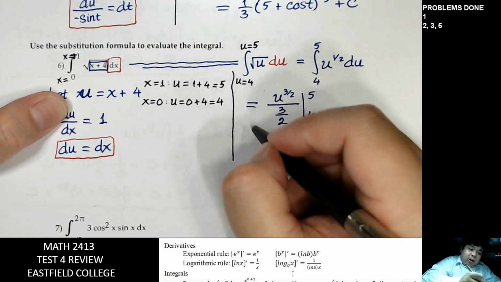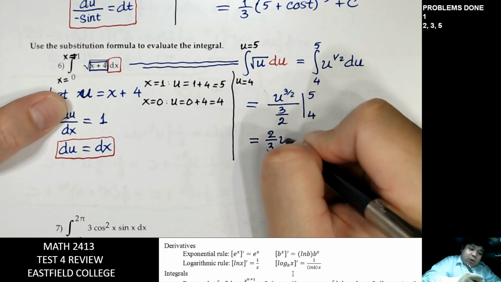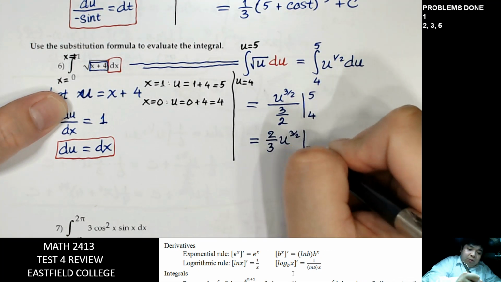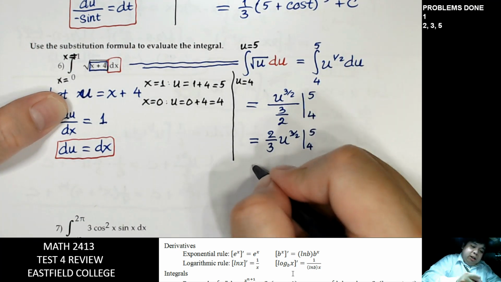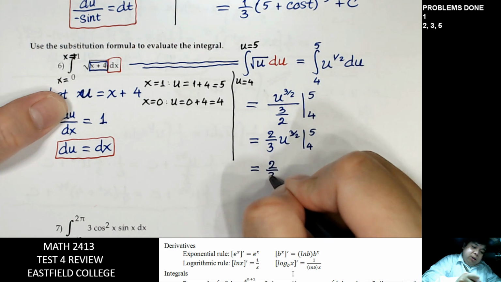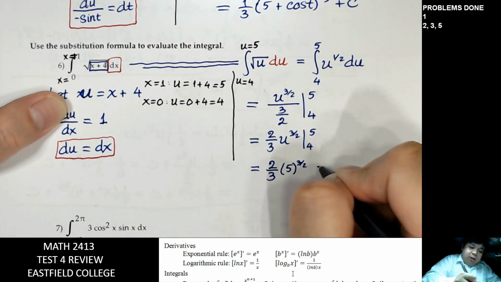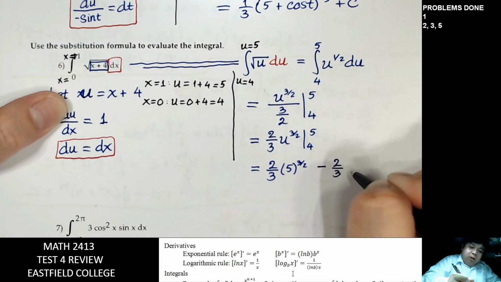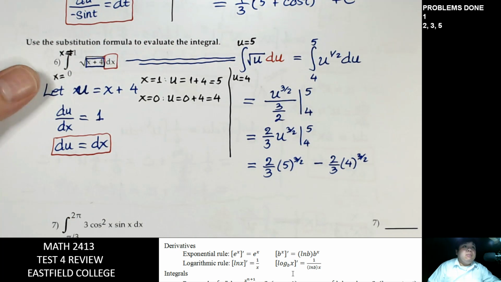So we're just going to rewrite this as 2/3 u to the 3/2 from 4 to 5. And we'll put 5 in here and then put 4 in there. So 2/3 5 to the 3/2 minus 2/3 4 to the 3/2.